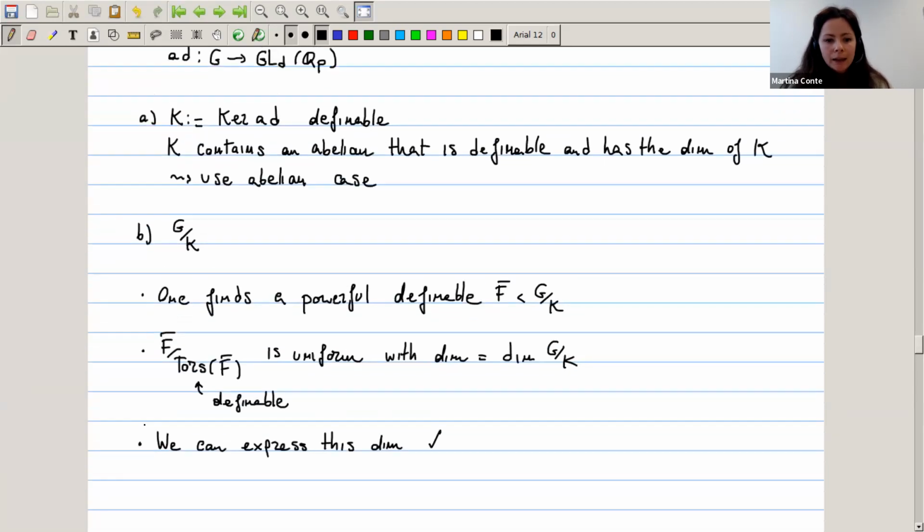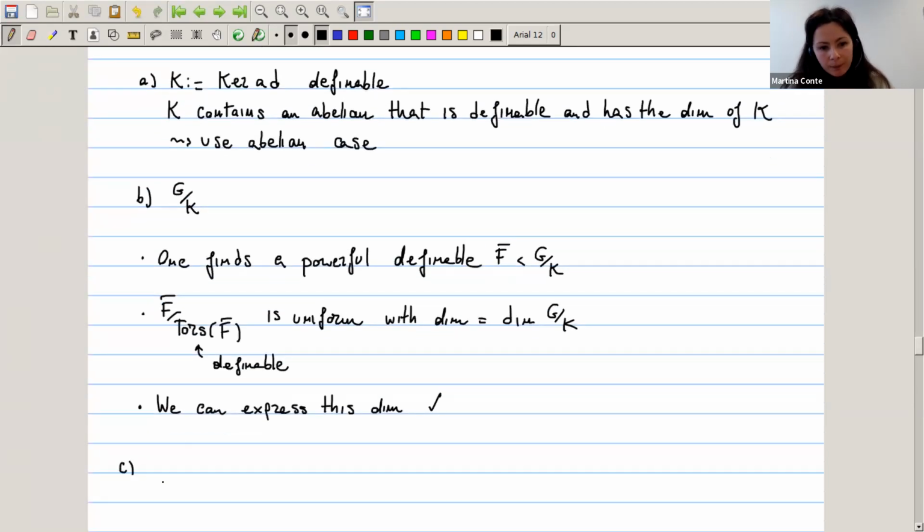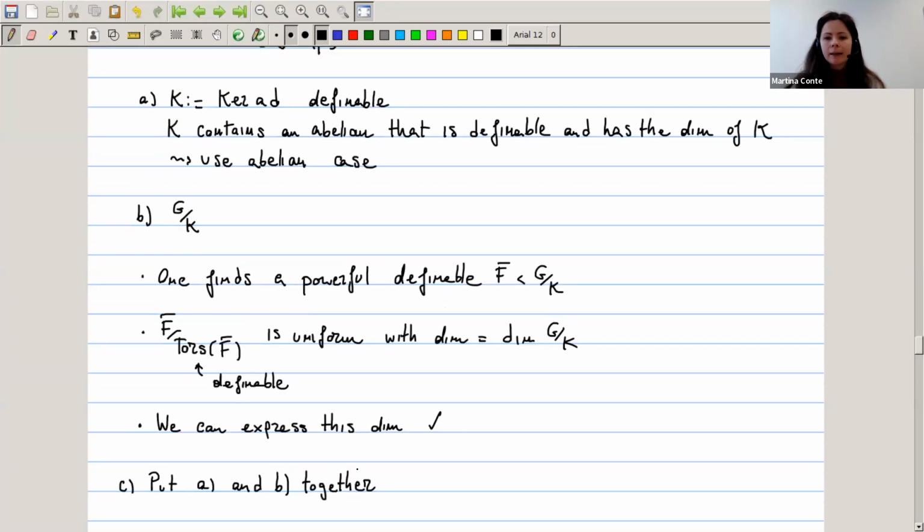So now, finally, if we put these two cases together, we find the dimension of G expressed via a first-order sentence.